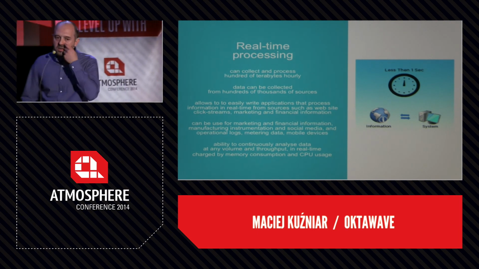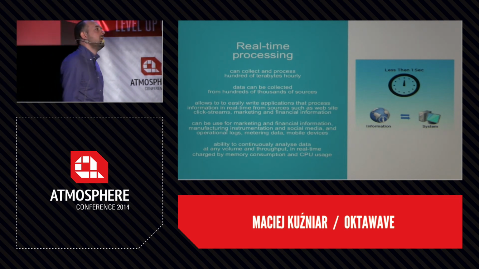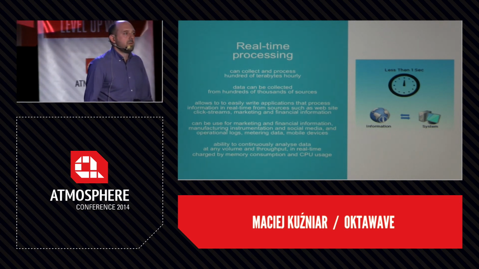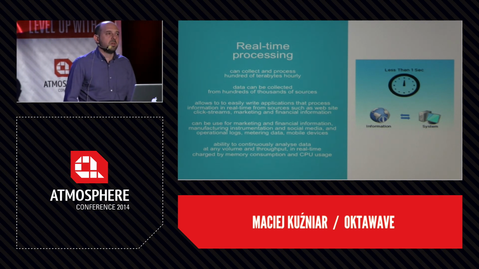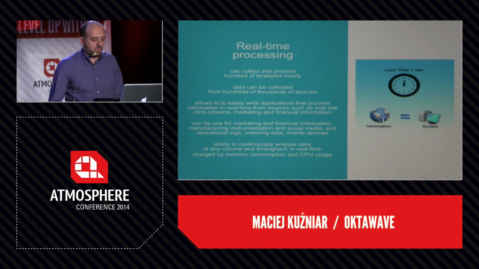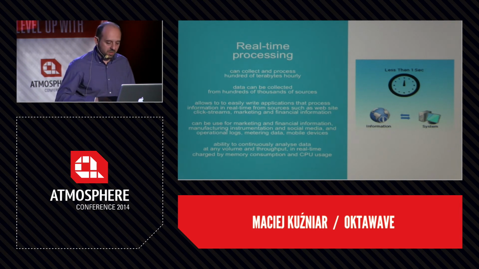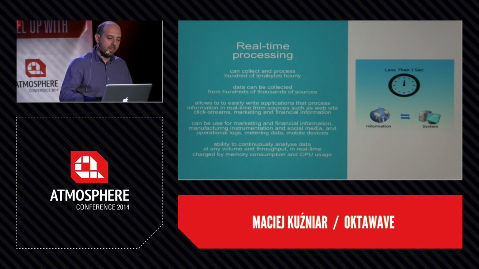I'm not sure if you are familiar with the newest Amazon AWS service, which is called Kinesis. It's a real-time processing service, and I encourage you to have a look at it because it's really good and fits many application services.